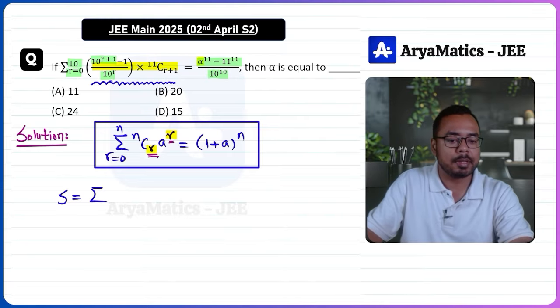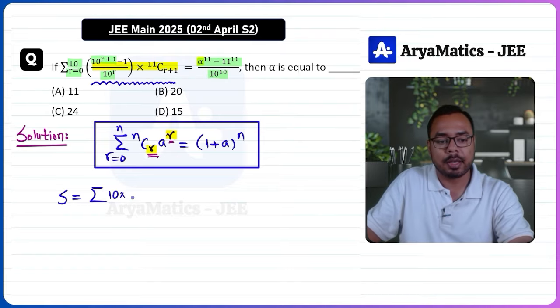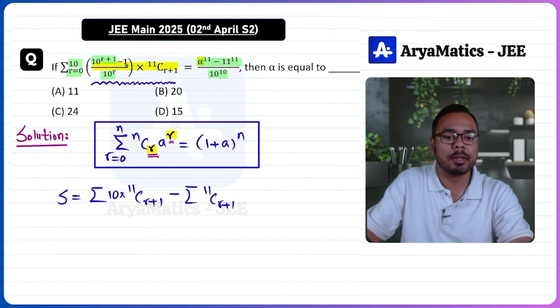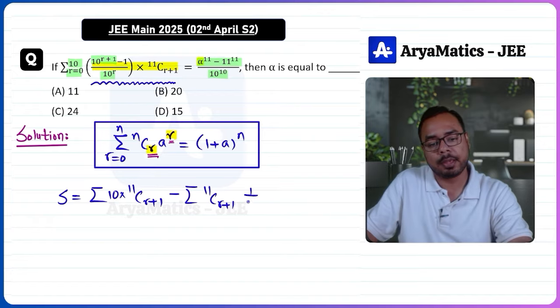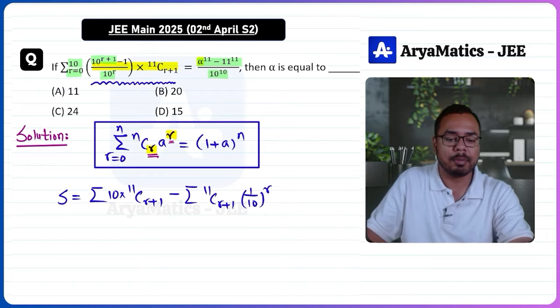So 10 raised to r plus 1 divided by 10 raised to r will be nothing but 10 into, and then this other term is 11Cr plus 1. So this is one sum, and then minus sigma 11Cr plus 1, and the other term will be 1 by 10 raised to r. Now, for the first one, we'll use a standard formula.